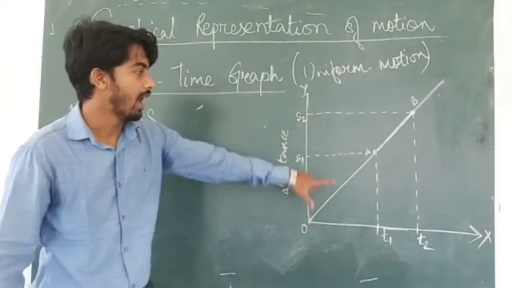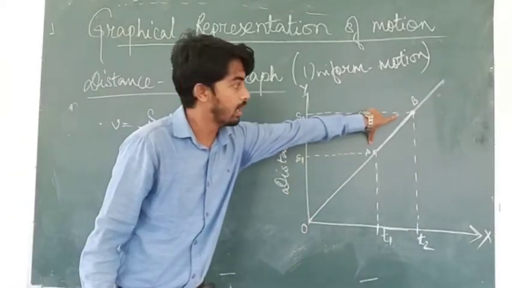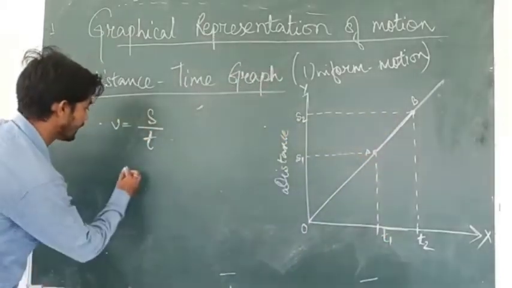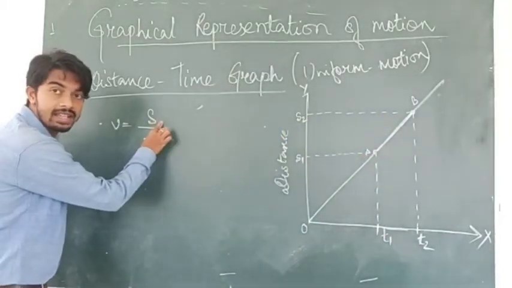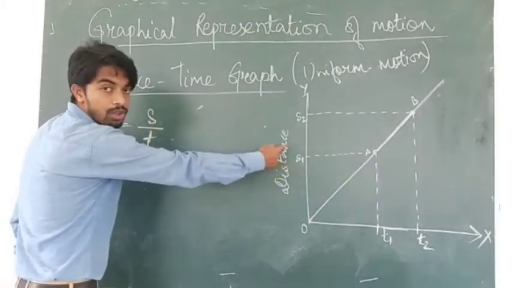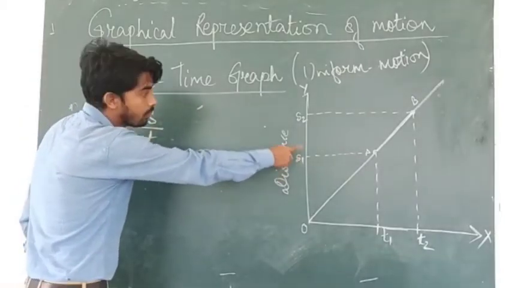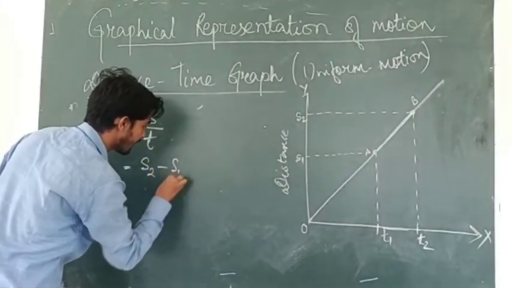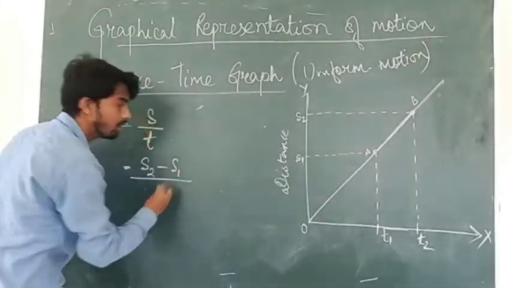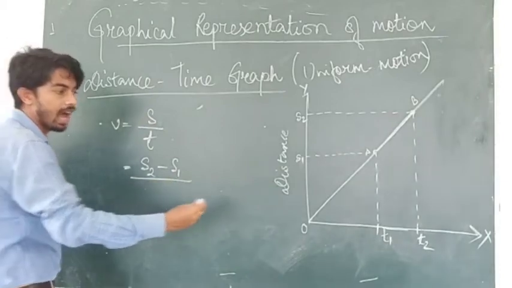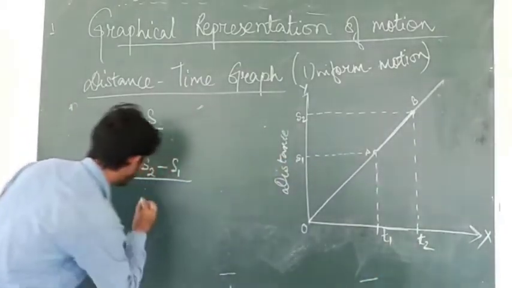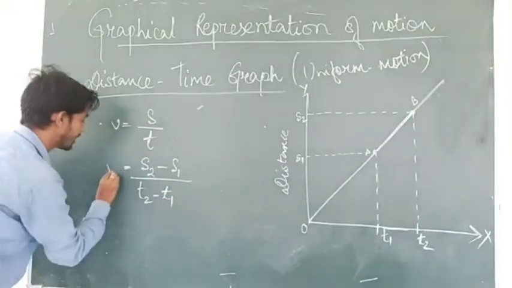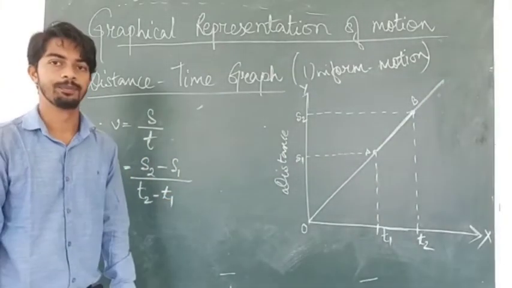To know the speed between these 2 points, first, for the distance, the point having the higher value is S2, so S2 minus S1. The time coordinate having the higher value is T2, so T2 minus T1. So this is our velocity.